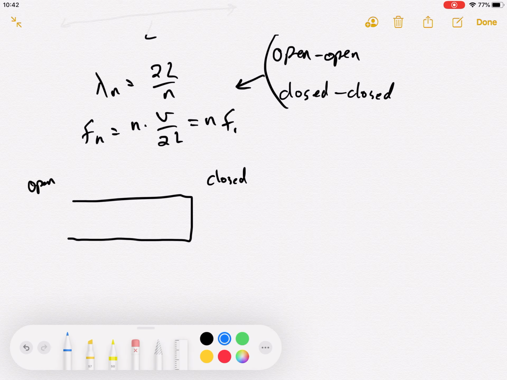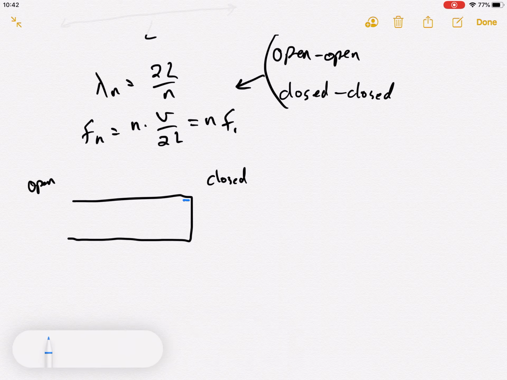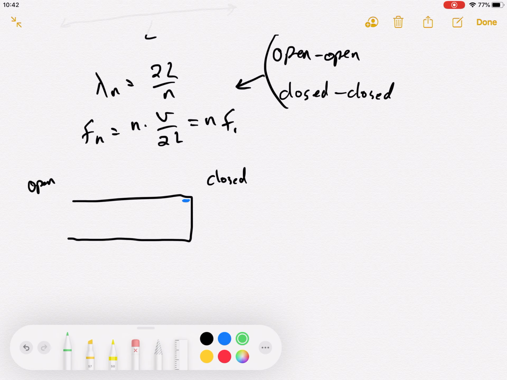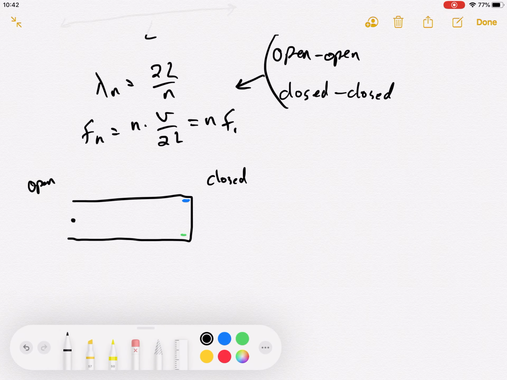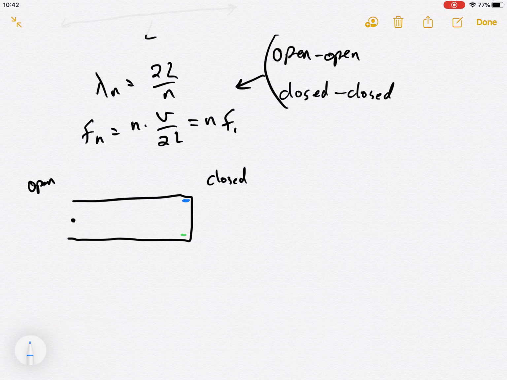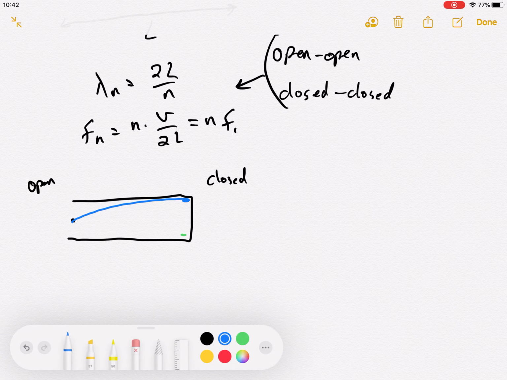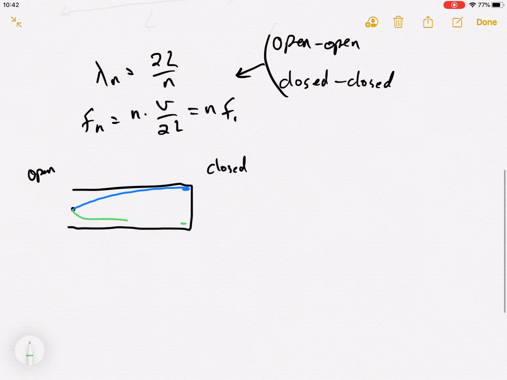So let's draw the first few harmonics for this. So this side, the closed end, has to be an antinode, and the open end is going to be a node. So we could draw this. There's our lowest frequency or longest wavelength, right?